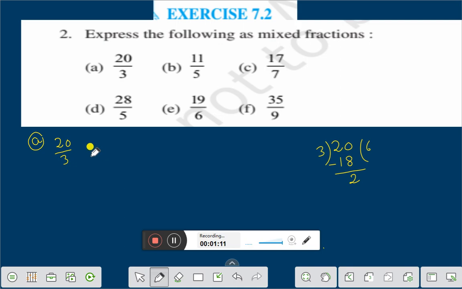How to express? We have to express it in this way: quotient, remainder by divisor.